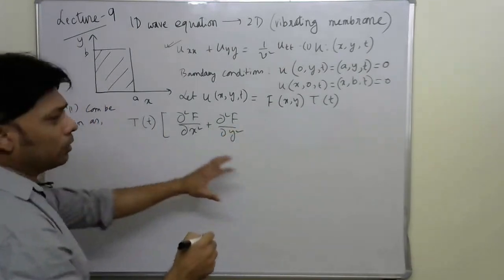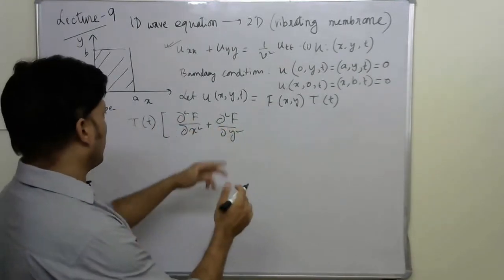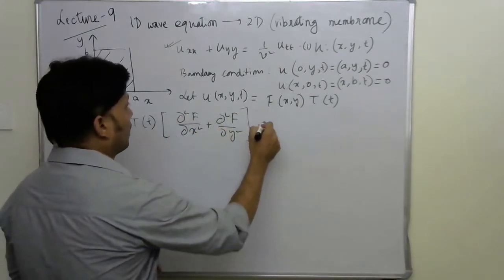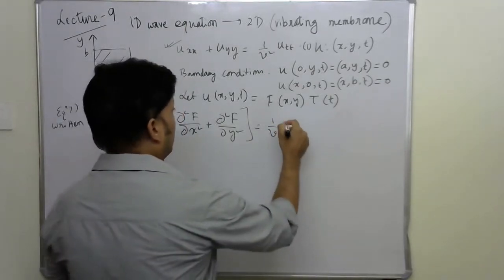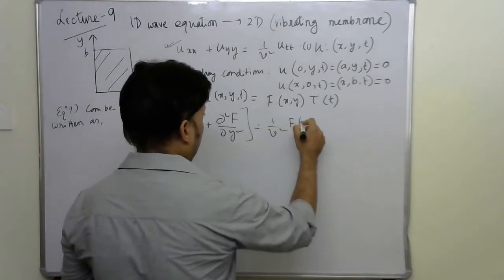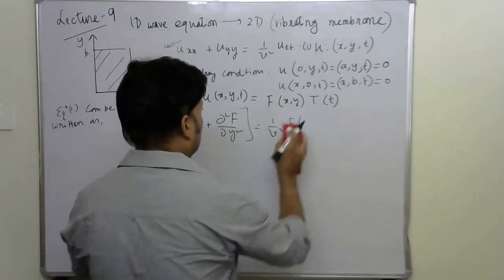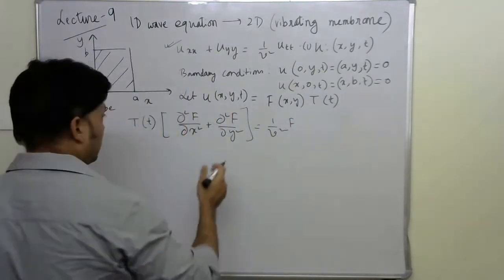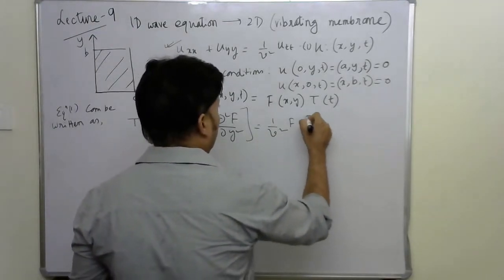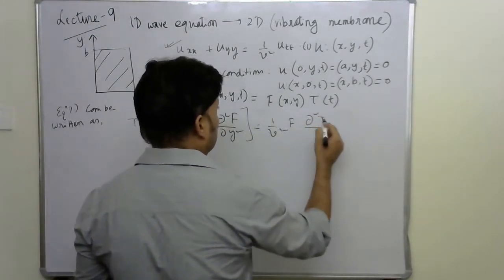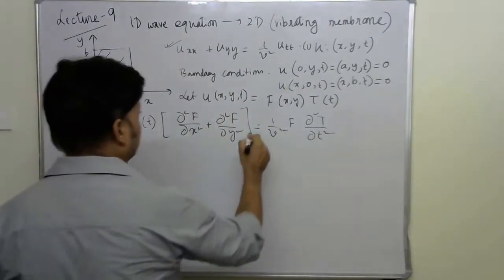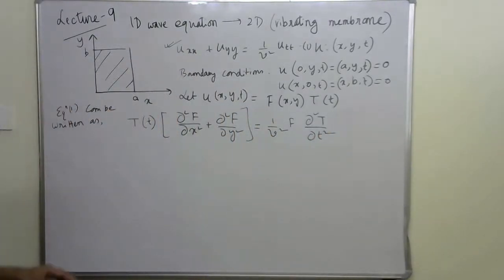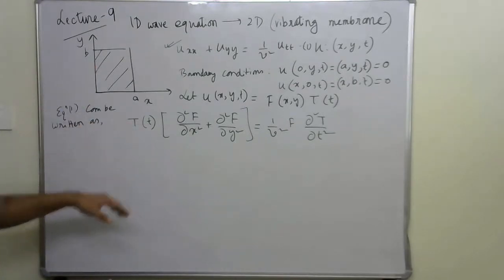I'm not writing all the terms, because F means a function of x and y, so I'm not writing it all the time, is equal to 1 over v squared multiplied by F(x, y), and therefore ∂²T/∂t². So this is the next step we can easily write.